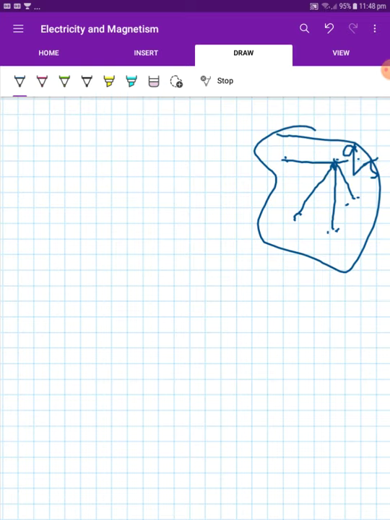Since it is a linear equation, it follows the superposition principle.